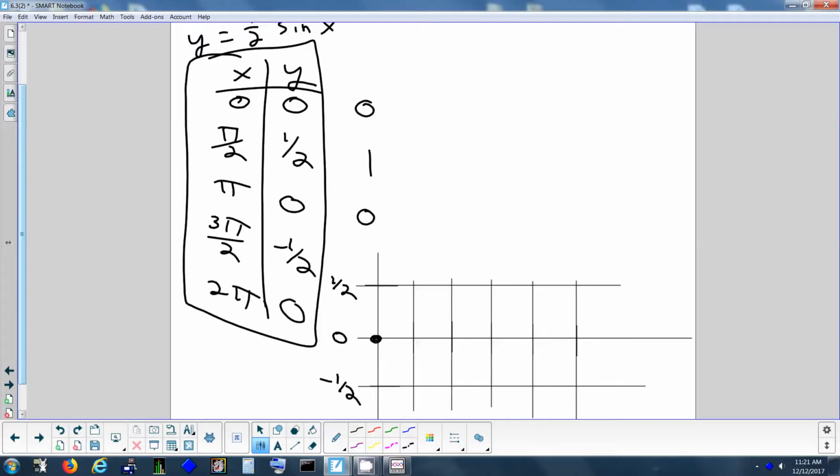I'm going to put my x-axis labels above this time: pi over 2, pi, 3 pi over 2, 2 pi. It usually works better if you put them above or below. If you try to put them right in the middle, then you end up drawing right over them. Half, 0, negative a half, back to 0.